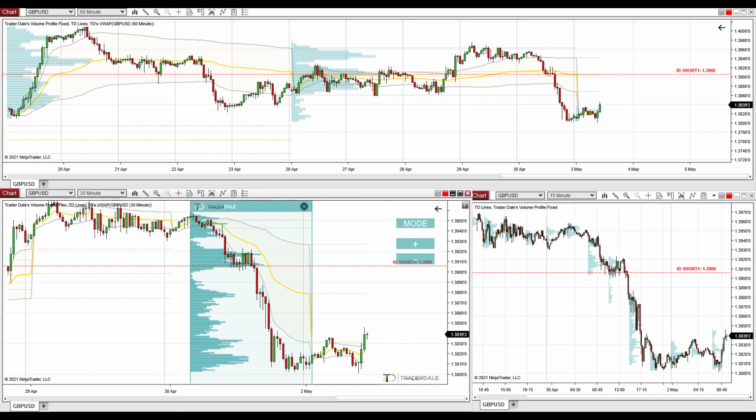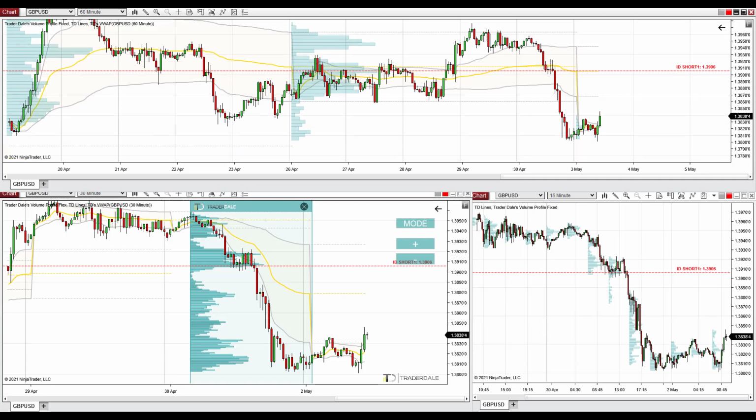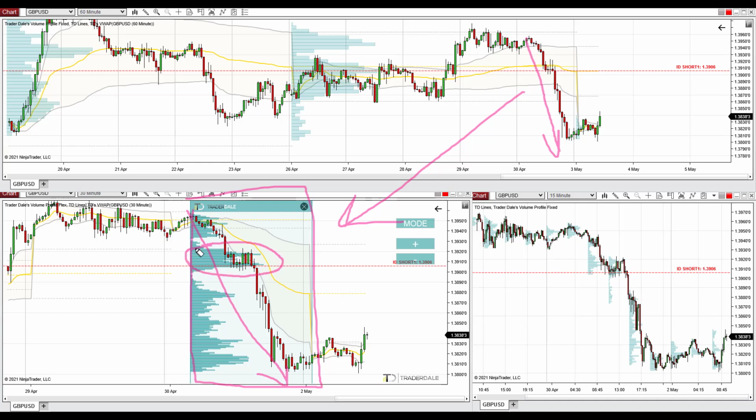Alright, so the first trading idea on the British pound US dollar is based on a trend setup. It is based on a trend which occurred on Friday. Let me show you on this 60-minute chart at the top. This was the downtrend, a pretty strong sell-off, and this indicates that sellers were present there, that they were active and aggressive. If you look in here, this is the detail of this area. You can see how the volumes were distributed throughout this sell-off. The most important place where most volumes were traded was in here.